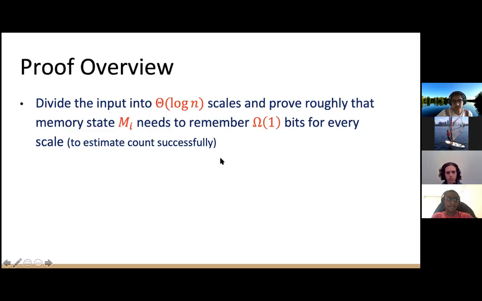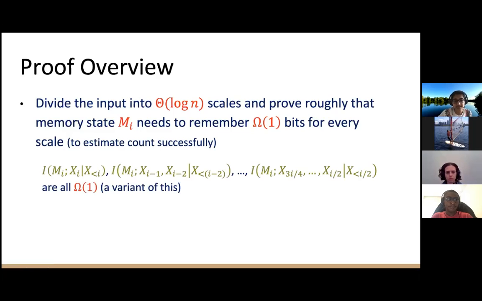So let's see what I mean by dividing the input into log n scales. Ideally, you want to prove first that the mutual information between mi and the ith input bit, conditioned on all the input bits up to the i minus 1 step, is omega 1.